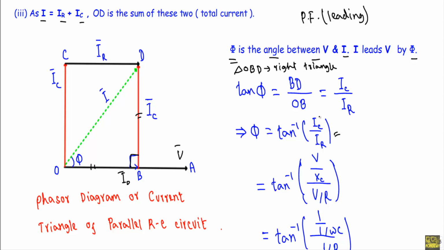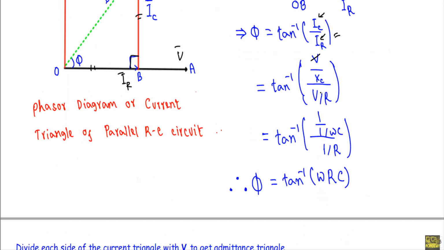Now we know that the magnitude of current through the capacitor IC is equal to V over XC, and the current through the resistor is V over R. Therefore this V and this V will get cancelled, and if I put the value of XC, which is equal to 1 over omega C, I will get tan inverse of (1 over omega C) over (1 over R), which will give us the power factor angle, or the phase angle between voltage and current, equal to tan inverse omega RC.